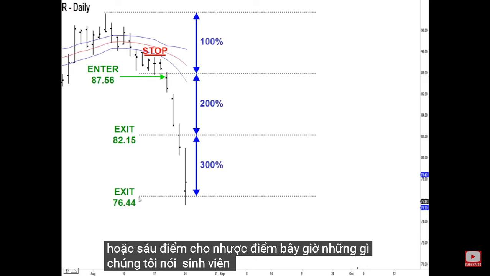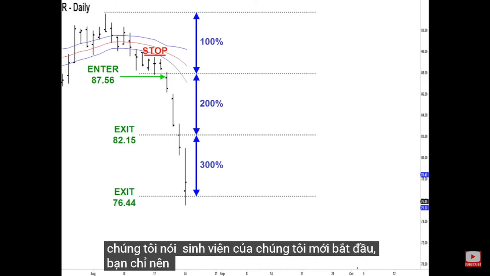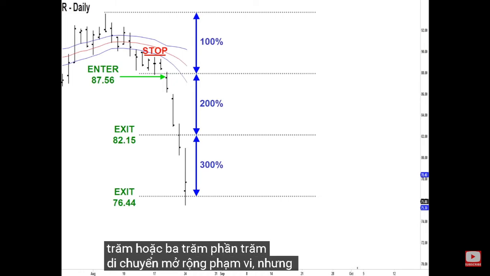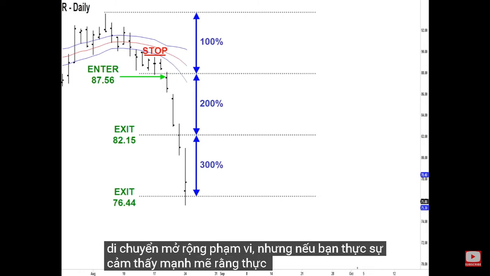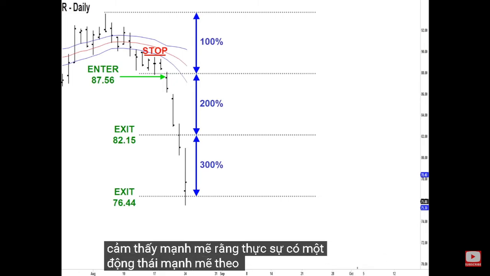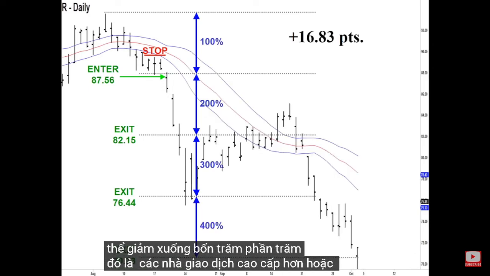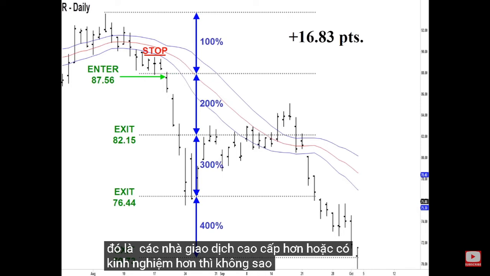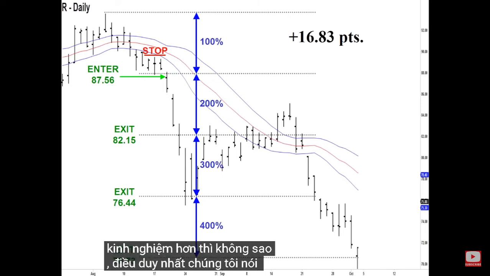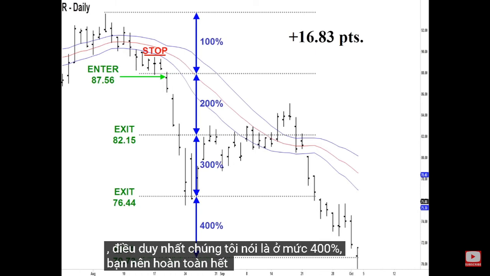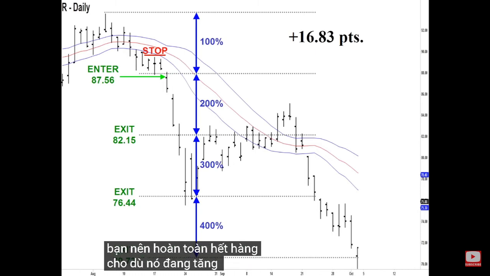Now, what we tell our students is, in the beginning, you should just be trading with 200 or 300% range extension moves, okay? But if you really feel strongly that there's a strong move in a direction, you can go all the way down to 400%. But that's for more advanced or more experienced traders. The only thing we say is that at 400%, you should be totally out of the stock, whether it's going up or going down.